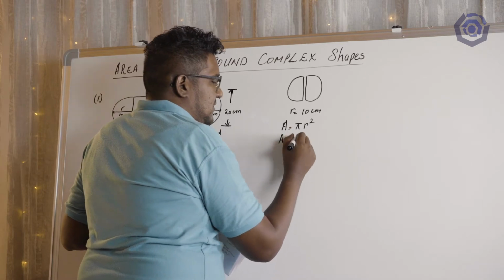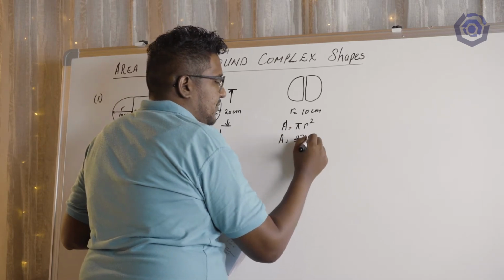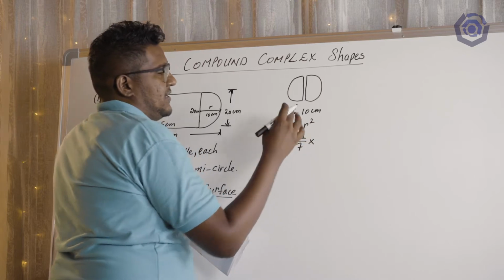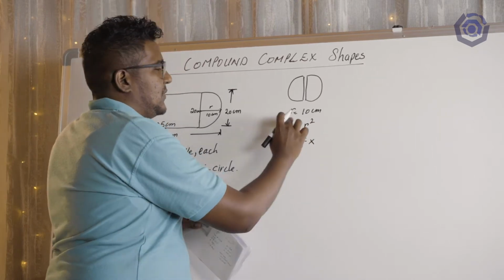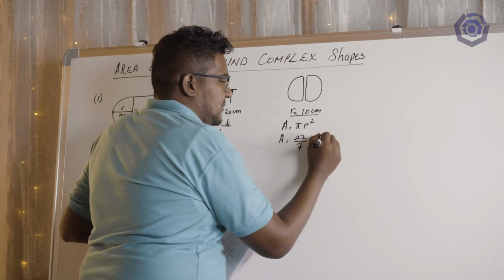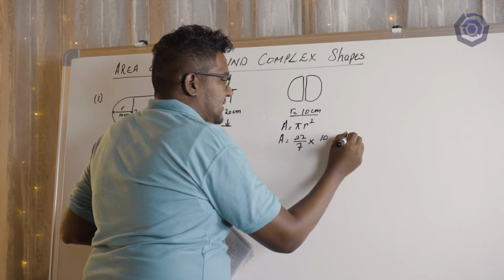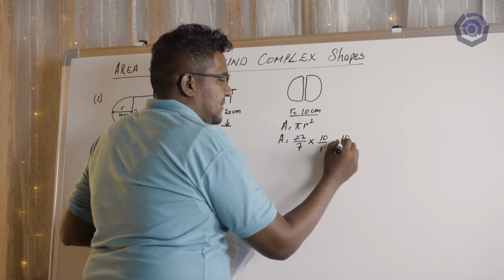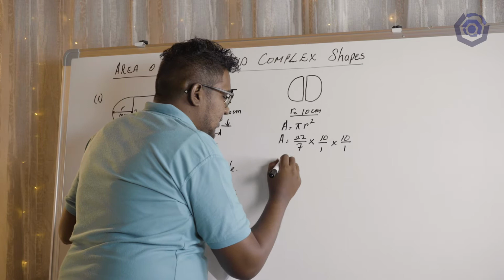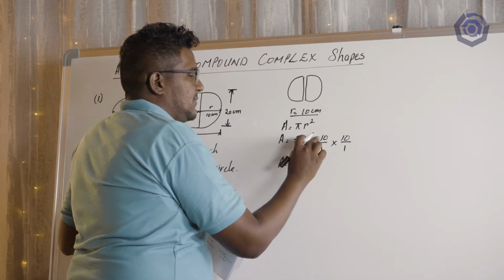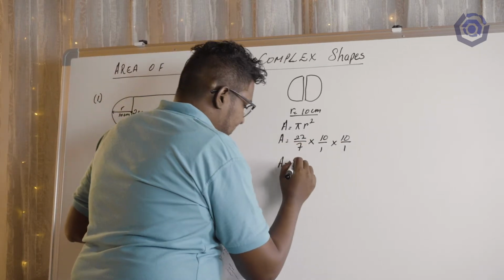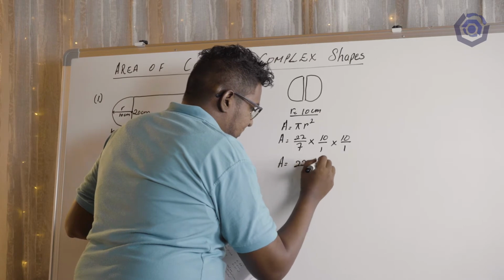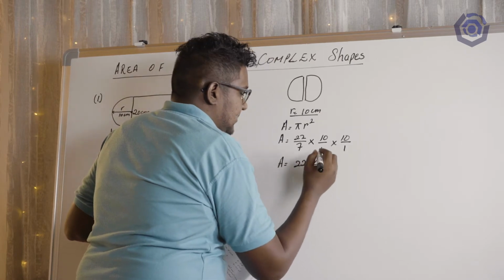A is equal to pi, which is 22 over 7, multiplied by r squared, which is r multiplied by r. We said that the radius is 10, so this is going to be 10 multiplied by 10. We make them into fractions by putting them over 1. So A is equal to 22 times 10 times 10, and that's going to give me 2200.